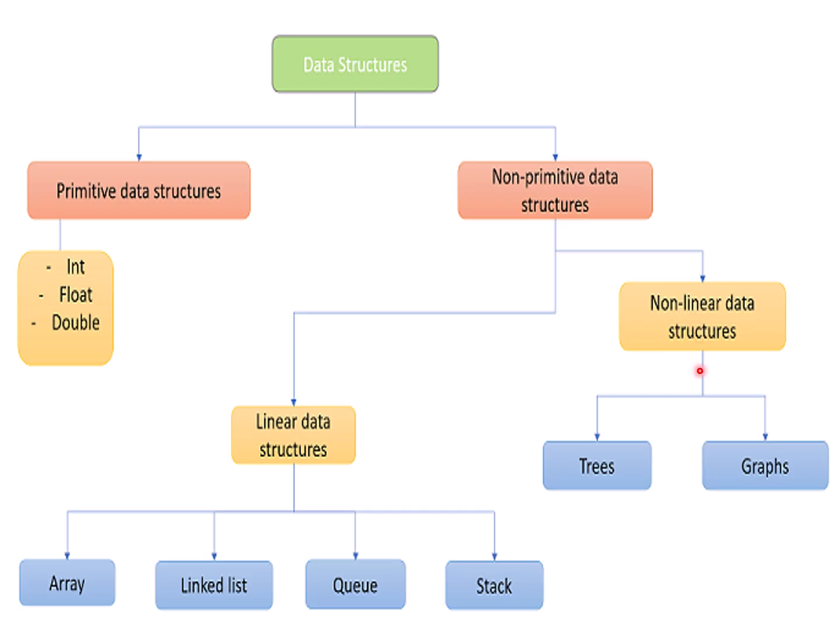Coming to the non-linear, the data is not stored continuously; it is scattered somewhere in the memory locations, so that is called non-linear data structures. Non-linear data structures are of two types: trees and graphs. So this is a complete overview of data structures.